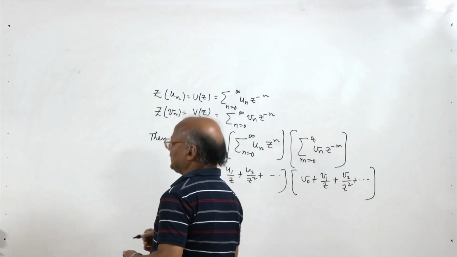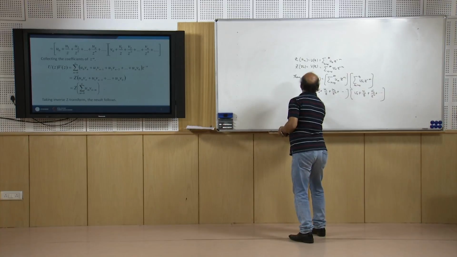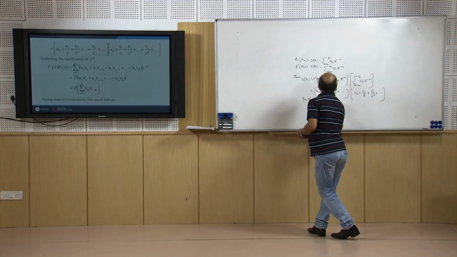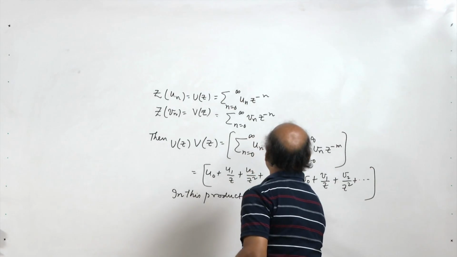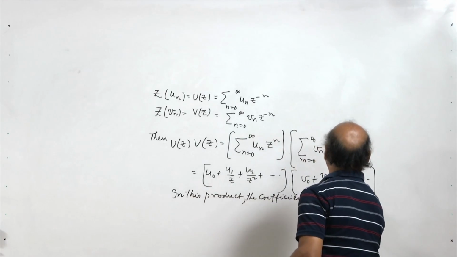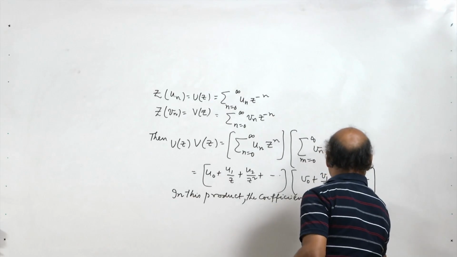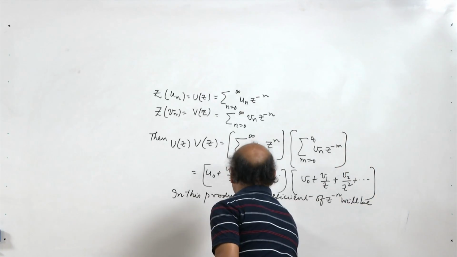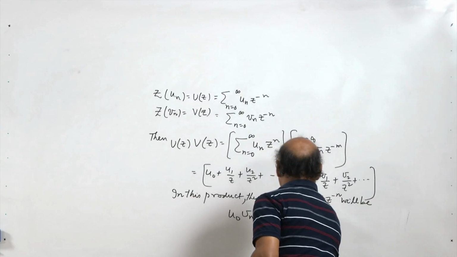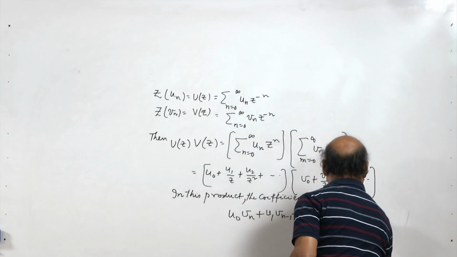The coefficient of z to the power minus n in this product will be u_0 v_n plus u_1 v_(n minus 1), u_2 v_(n minus 2) and so on, up to u_n v_0.